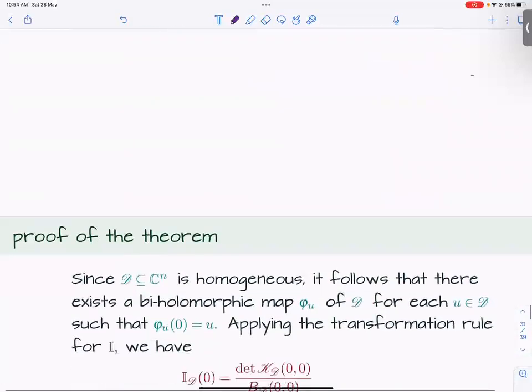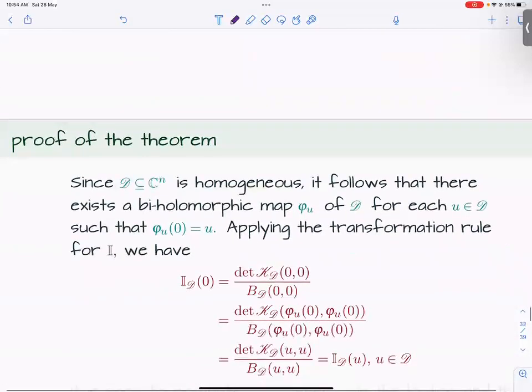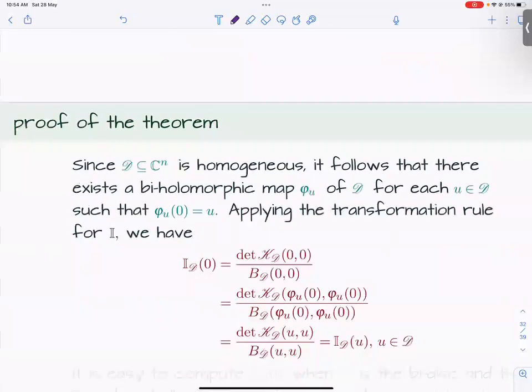So now we finally prove that the Euclidean ball and polydisk are not biholomorphic. The proof that whenever you have a homogeneous domain, I_D is a constant is easy to see, because you take I_D at 0, then that is by definition this quantity.